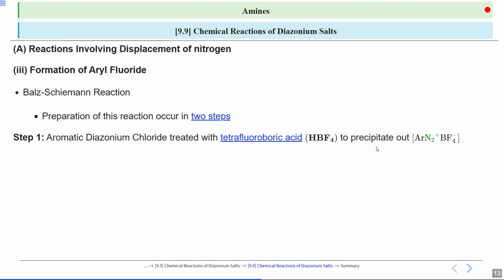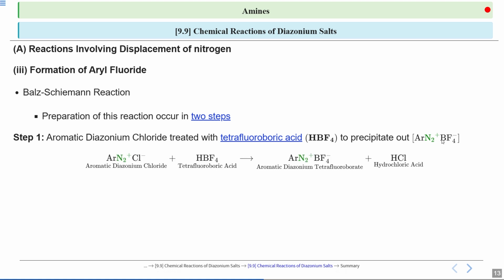This causes the formation of a solid called aromatic diazonium tetrafluoroborate, which separates out as a precipitate, that is ArN2+ BF4-. So aromatic diazonium chloride reacts with tetrafluoroboric acid and forms aromatic diazonium tetrafluoroborate and hydrochloric acid.